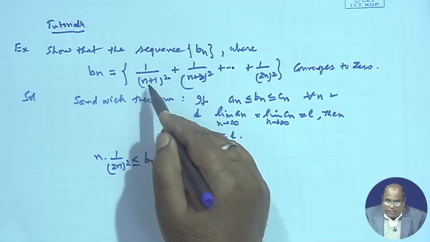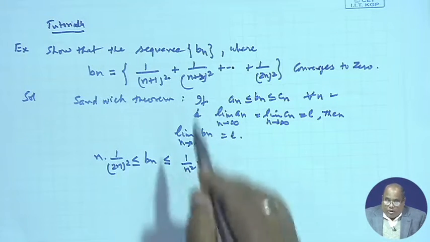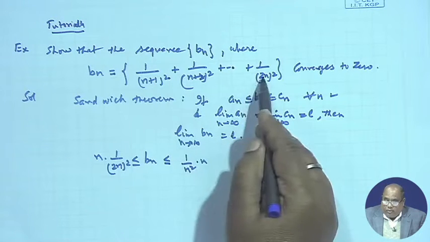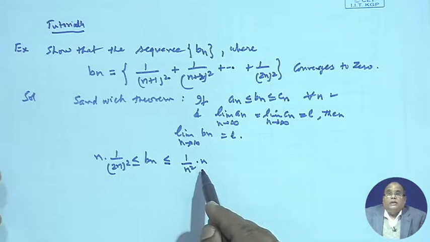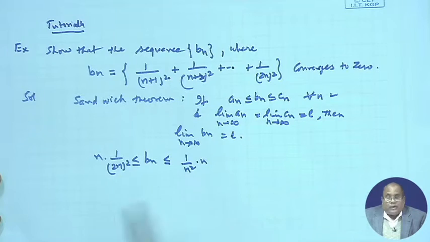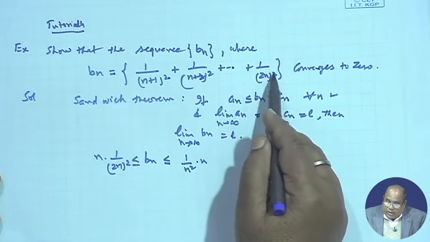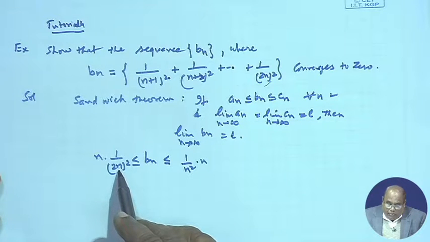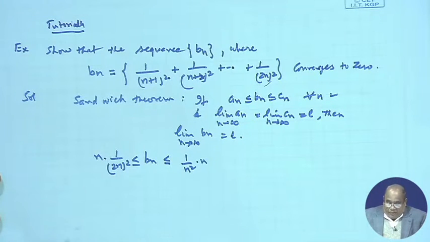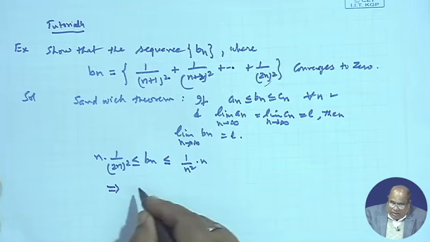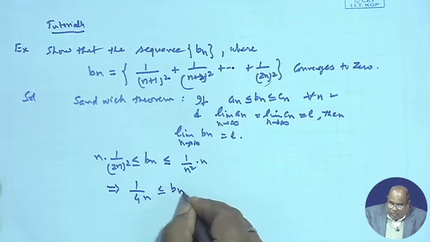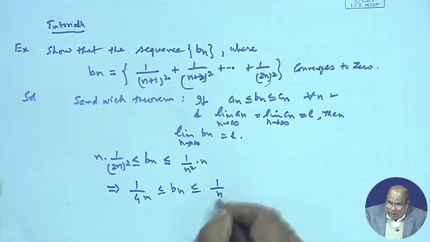So, 1 by (n plus 1) square is less than 1 by n square. Each of these terms is less than 1 by n square, and the total number of terms is n. So, Vn will be less than or equal to n times 1 by n square. Similarly, this term is the least one, so Vn will be greater than or equal to 1 by 2n square into n. Now, this is the same as 1 by 4n, which is less than or equal to Vn, less than or equal to 1 by n.